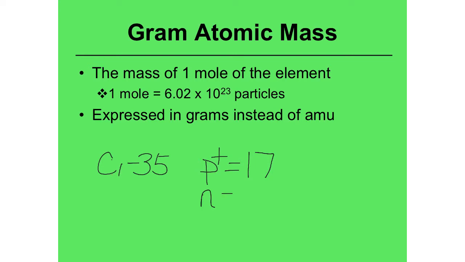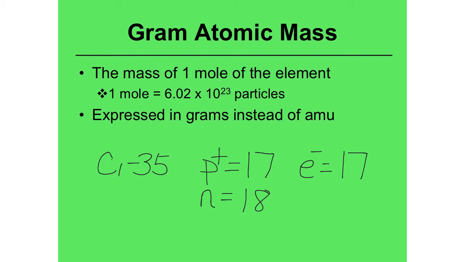If its mass is 35, then it would need 18 neutrons so that they add up to 35, and the number of electrons present in chlorine 35 would be 17, so that we have an equal number of protons and electrons so that our overall charge is neutral.